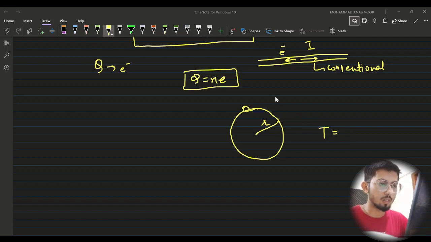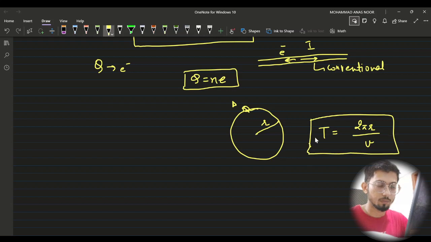The distance is the circumference of the circle, so for example it starts at this point A and then it comes back to this point, so that will be the distance 2 pi r, divided by the velocity of the electron. This is the time period, and the frequency, which is nu, is the inverse of the time period.